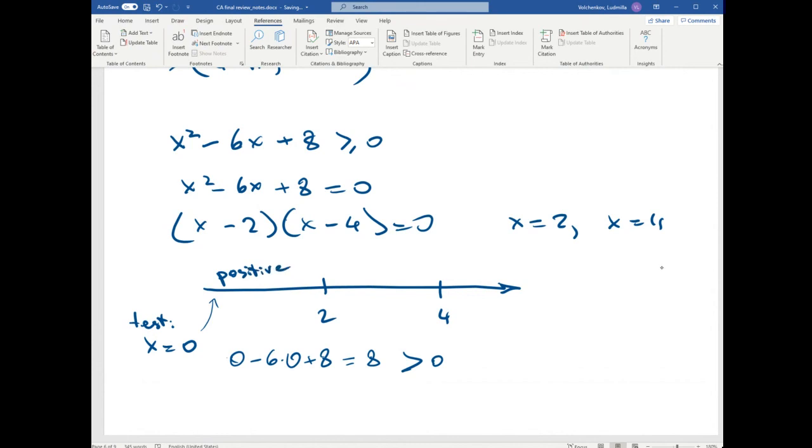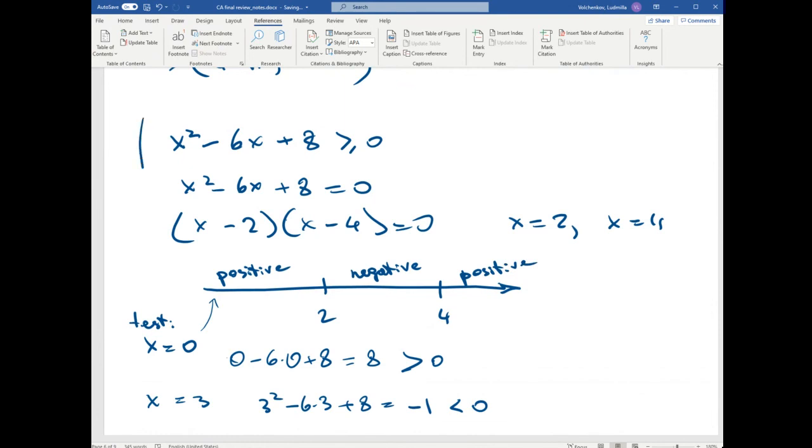We can test 3 for the middle interval. Actually the sign must change on every interval, but you can test it. 3 squared minus 6 times 3 plus 8 equals 9 minus 18 plus 8, negative 1, which is less than 0, so negative. And you can also test 5 for the third interval and see that it is positive here.